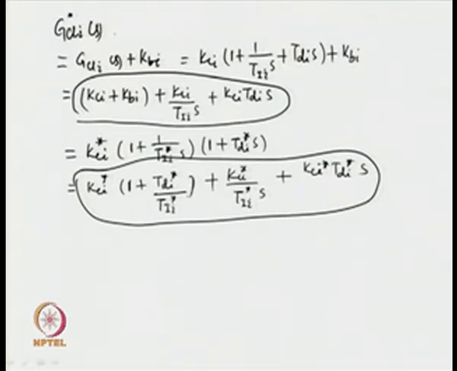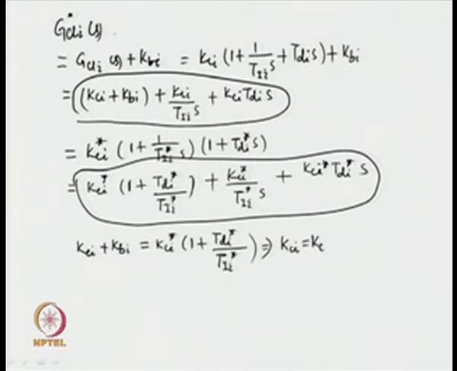Upon comparison, it is not difficult to get KCI plus KBI is equal to KCI star times 1 plus TDI star by TII star, which again can give us the relation KCI is equal to KCI star times 1 plus TDI star by TII star minus KBI.